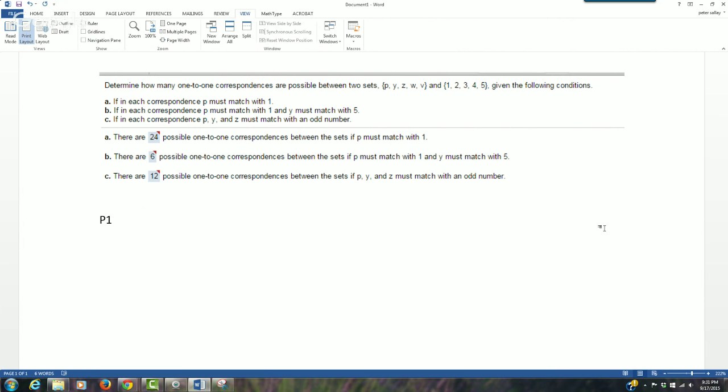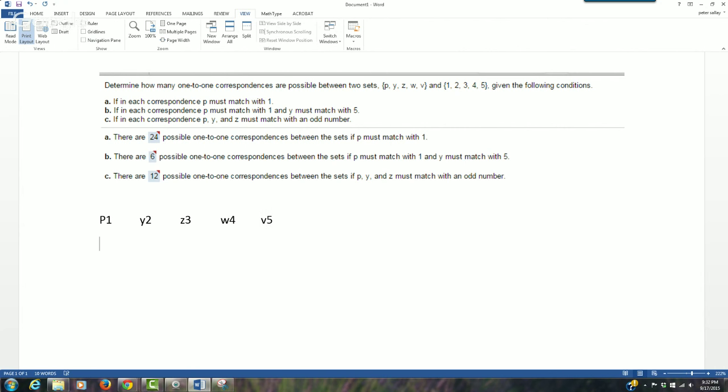So it's a 1-to-1 correspondence, which means if P's partnered with 1, then Y could be partnered with 2, because it's a 1-to-1. So 1's already got a partner, but the other guys I don't know what they could be. So it could be Y2, Z3, W4, and V5.